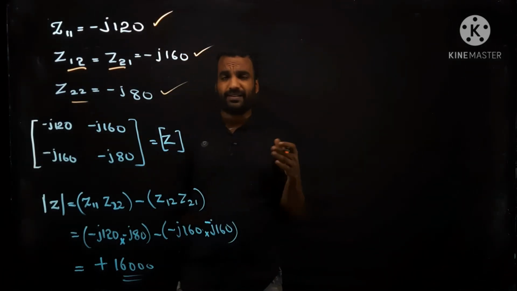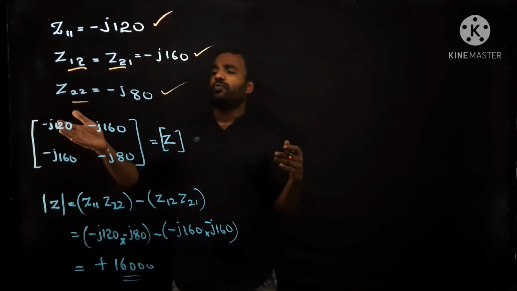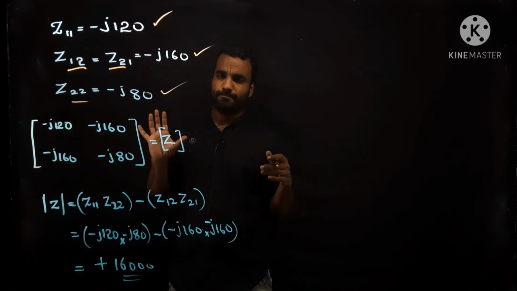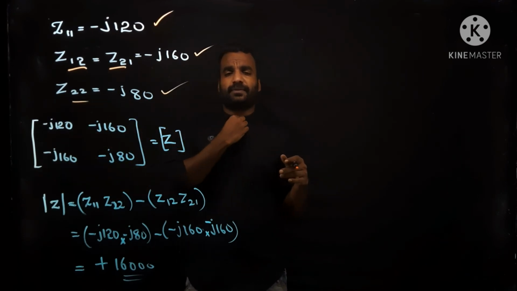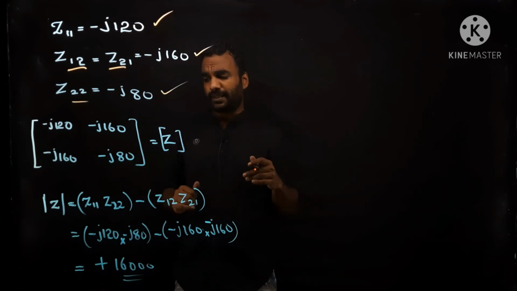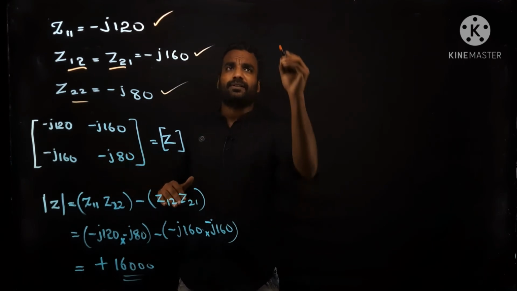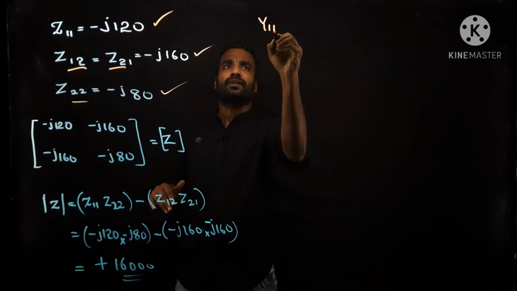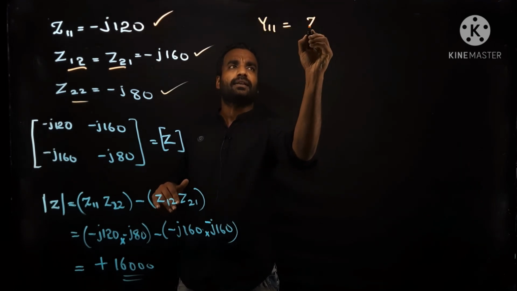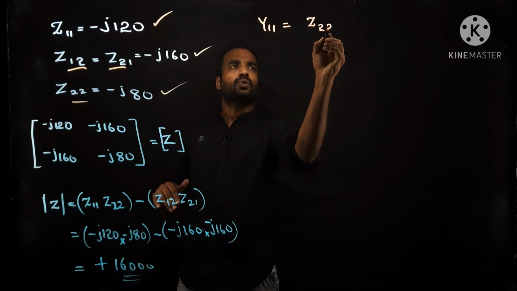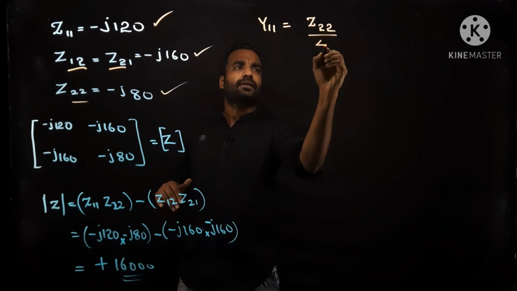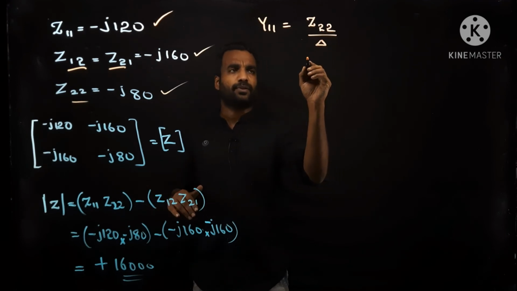These are the values obtained in the previous slides. Now we arrange them in matrix form, that is the Z matrix. While converting into the Y matrix, we know that Y11 is equal to Z22 by delta, the determinant of Z.